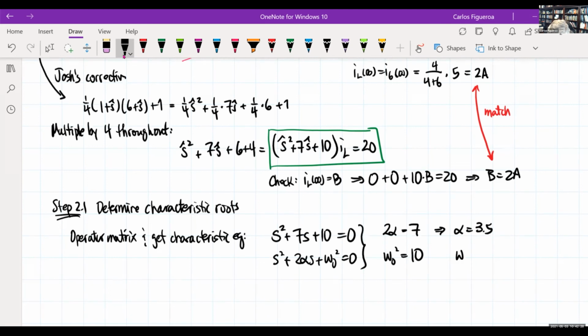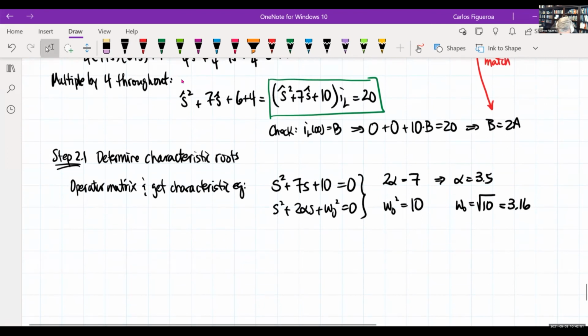Omega naught has to be less than that, right? What's the square root of 10? I don't know what that is. 3.16. Okay, 3.16. So immediately we can see that alpha is greater than omega naught. So therefore it's overdamped.